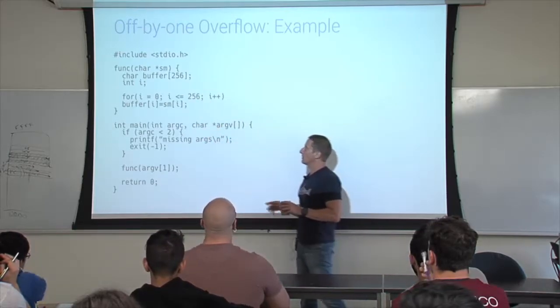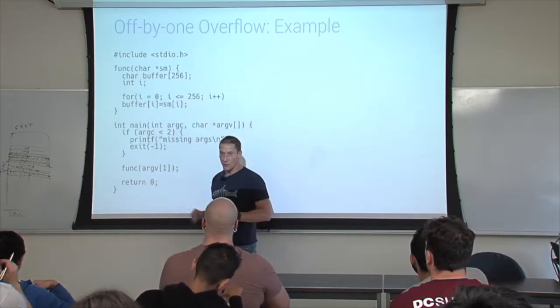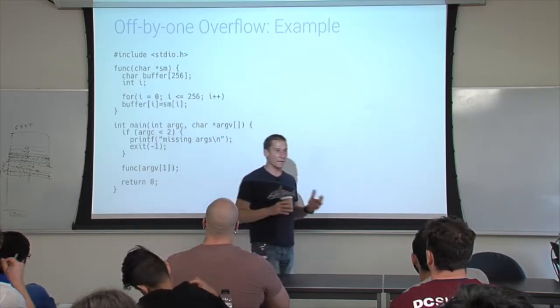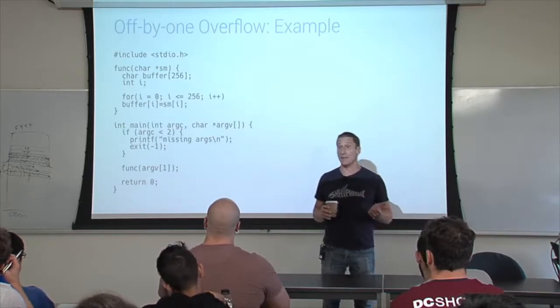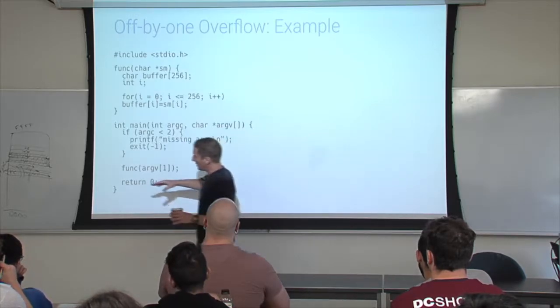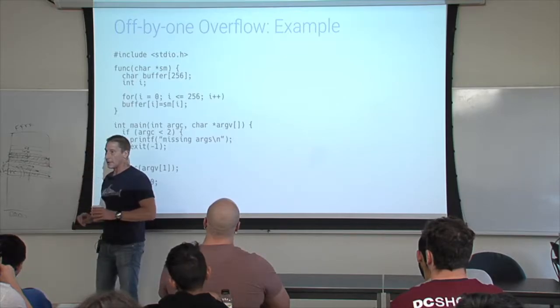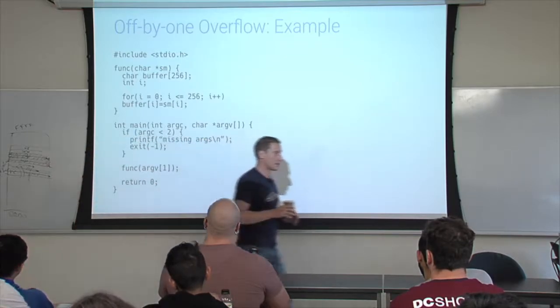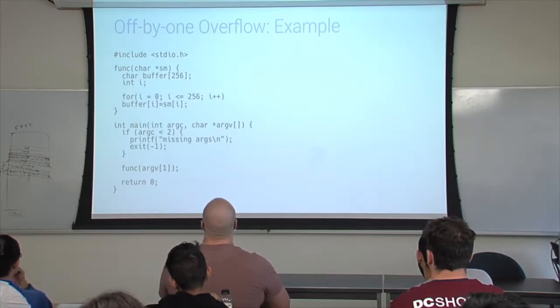But of course, the problem here, as you immediately caught it, is the less than equal, right? If you do a less than equal to 256, you're actually copying 257 characters. And since that buffer is right against the saved EBP on the stack, you're going to overwrite 1 byte of this guy. So let's look at what that means.